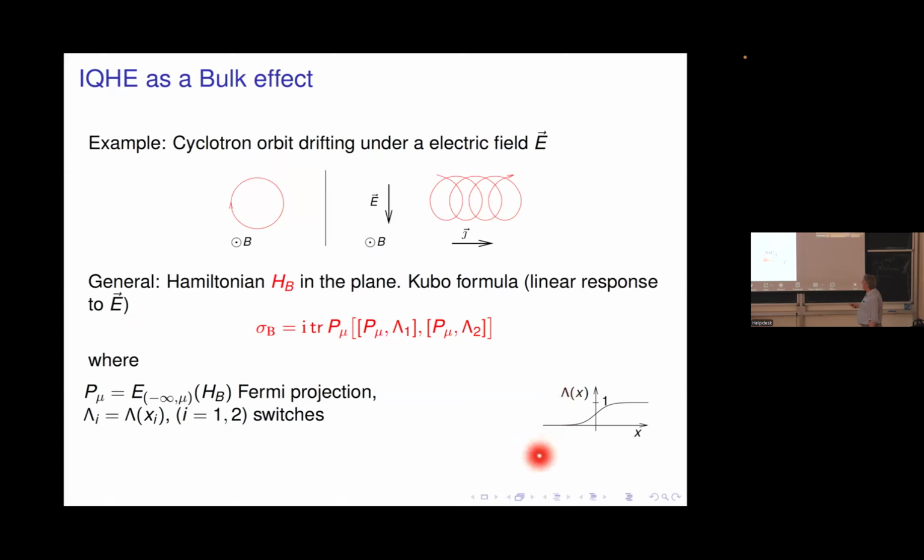That's a function of one single real variable x, and it interpolates between 0 and 1. That's all it does. It switches between 0 and 1. And when it comes with an index, could be 1 and 2, then it's a function on the plane, and it's just a switch function evaluated on the first coordinate or on the second.